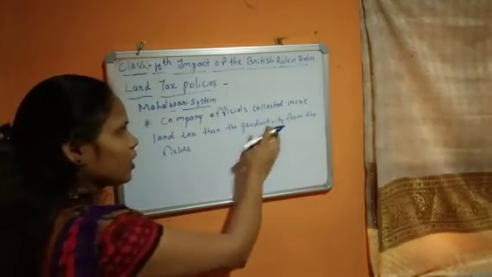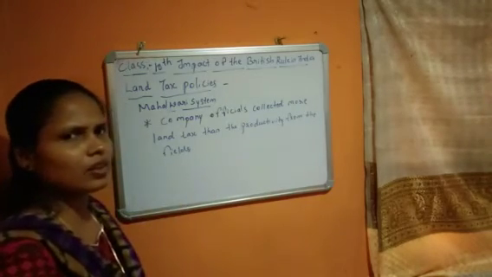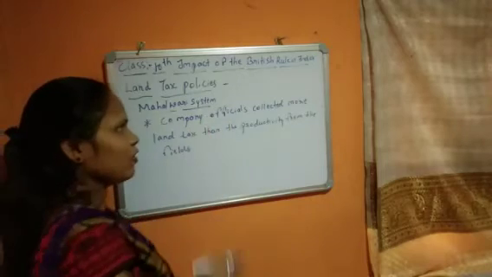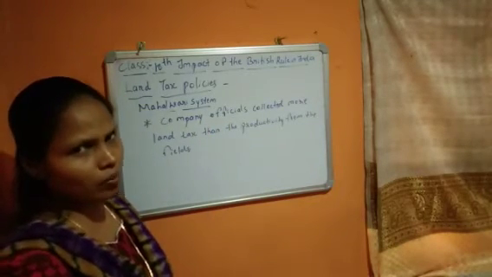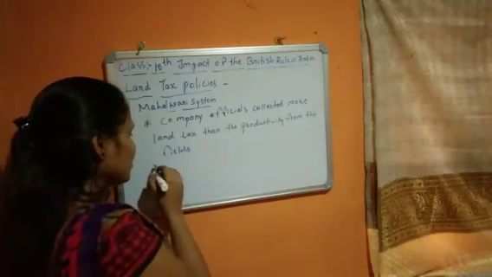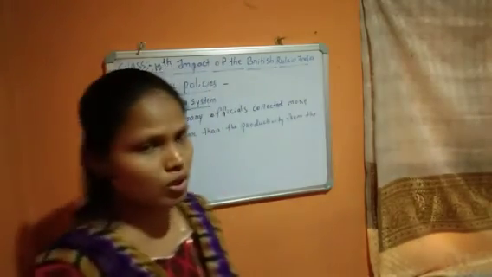Production or income from the fields or agriculture is very less, but company officials collected more land tax from the farmers.